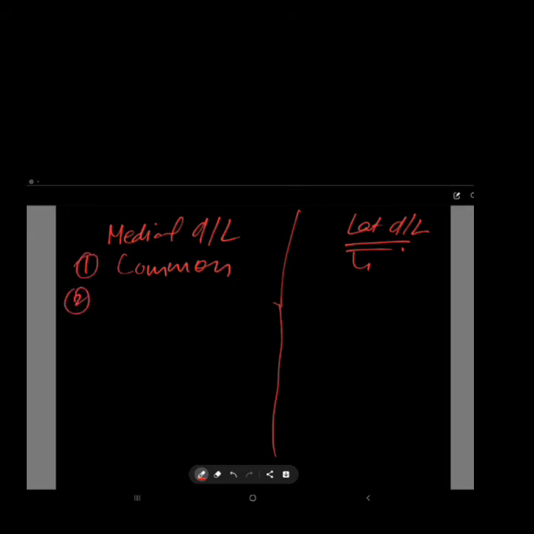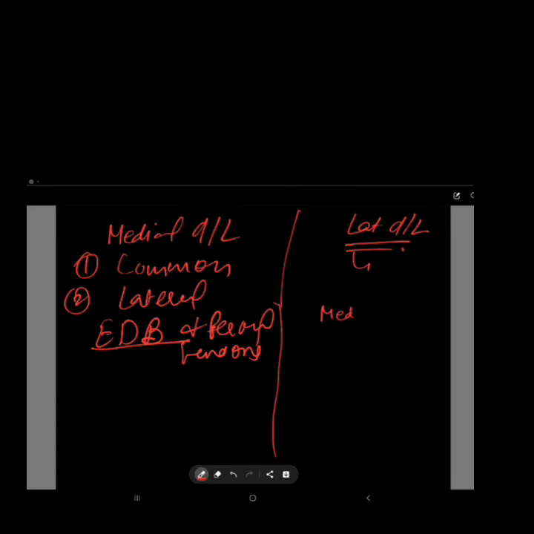In the medial dislocation, its reduction can be opposed by the lateral structures. What are the lateral structures? Extensor digitorum brevis and peroneal tendons. And lateral dislocation can be opposed by the medial structures like tibialis posterior and FHL, etc.